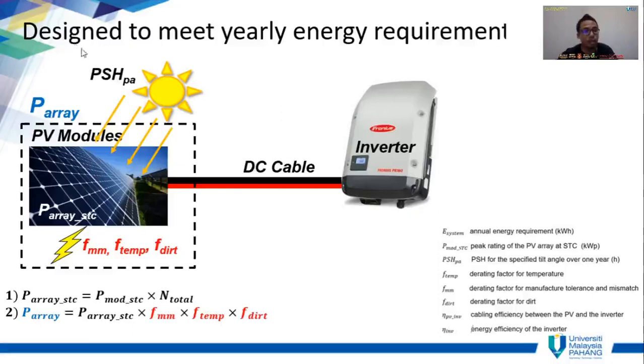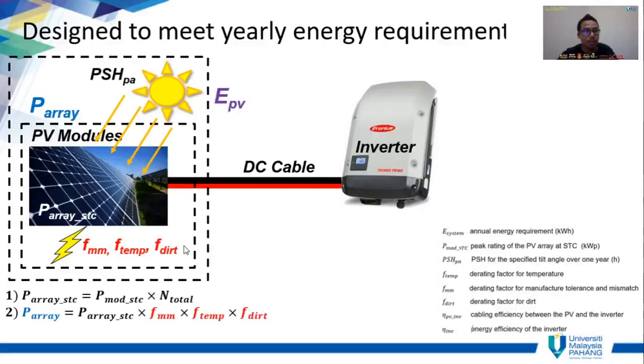The combination of P array and PSH PA will form E PV, the energy generated through the PV modules, where E PV equals P array multiplied by PSH PA.